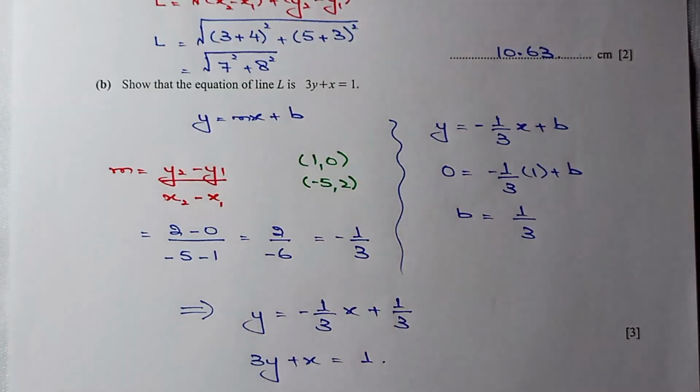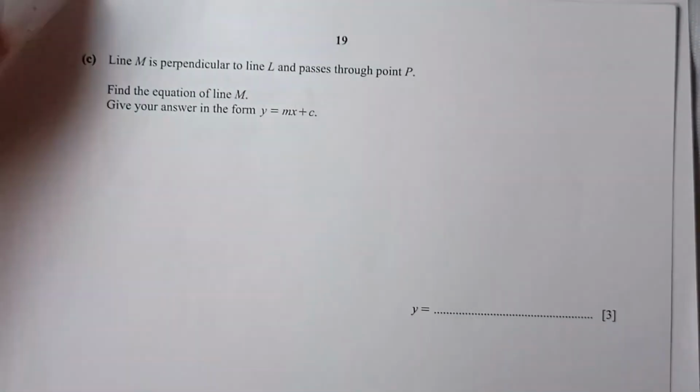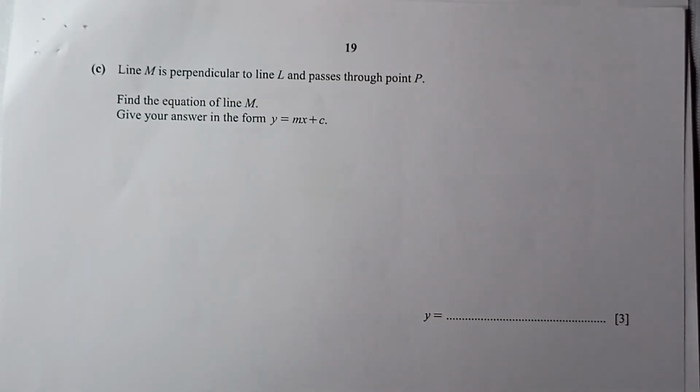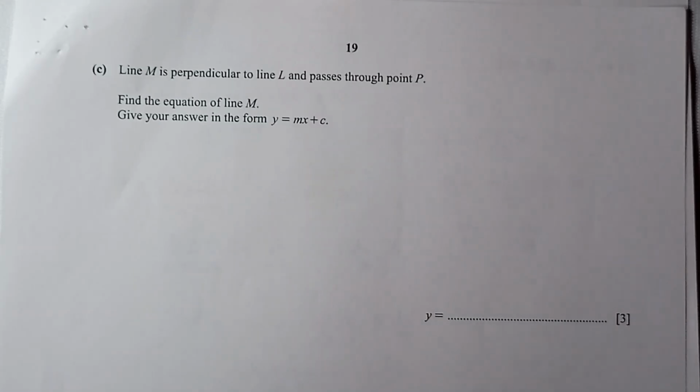Now for part C, we have line M, which is perpendicular to line L and passes through the point P. Find the equation of line M. Give your answer in the form y equals mx plus b.